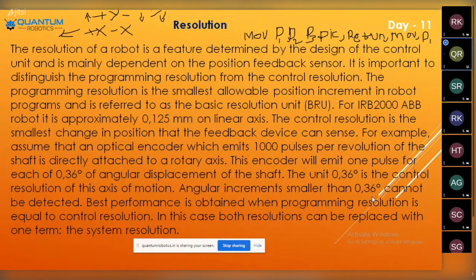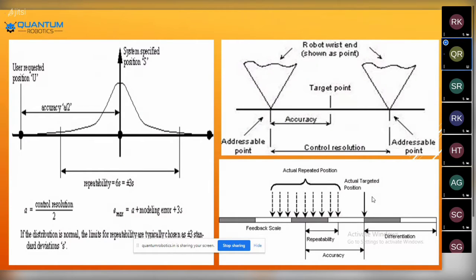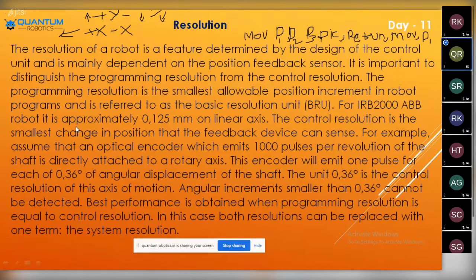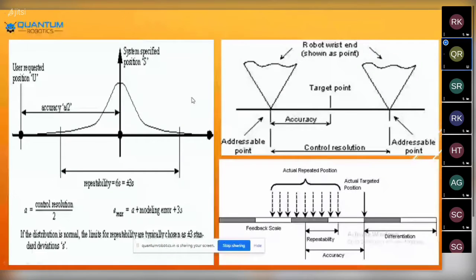Here we can see the system specification position, what the position of a particular angle will be, and how the resolution will be executed in the particular axis control, with user required position u and system specified position s.